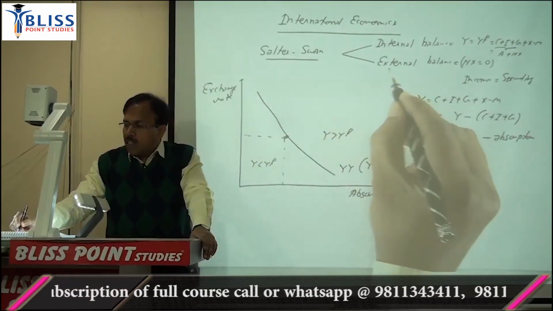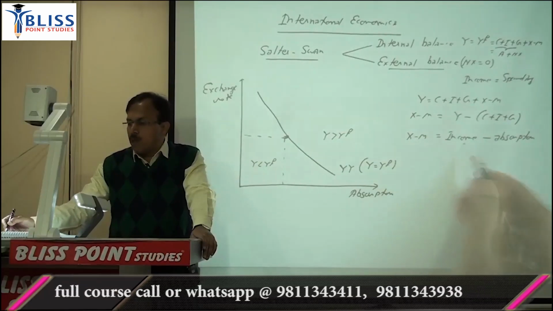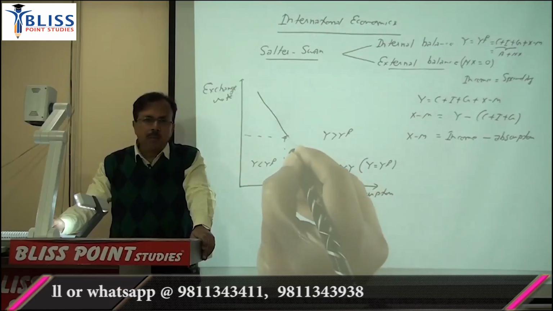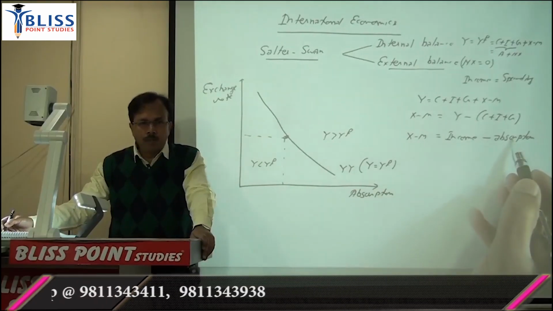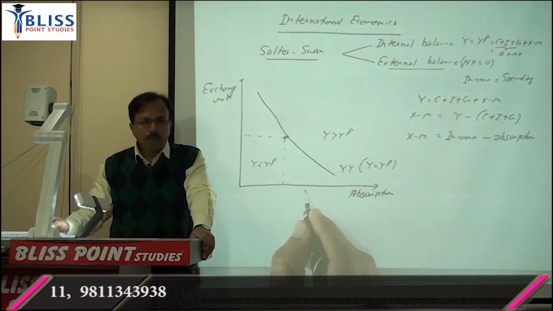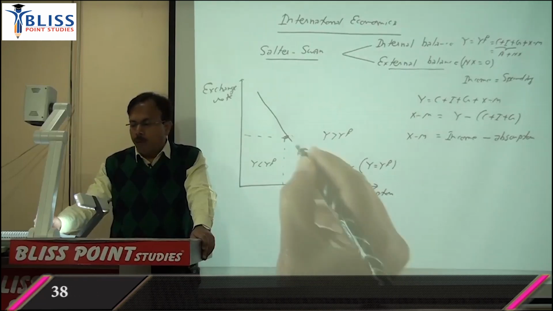On the other hand, external balance requires what? External balance requires that income must be equal to absorption. Again, if you take a certain combination arbitrarily where X minus M, that is income, was equal to absorption. Now what will be the effect of an increase in absorption? Meaning, if you want to determine its slope, how will you do it? I have taken one arbitrary point.